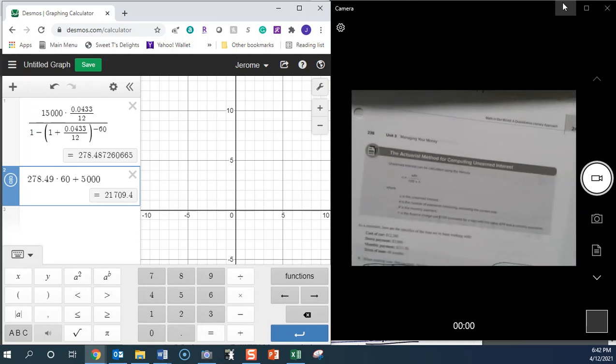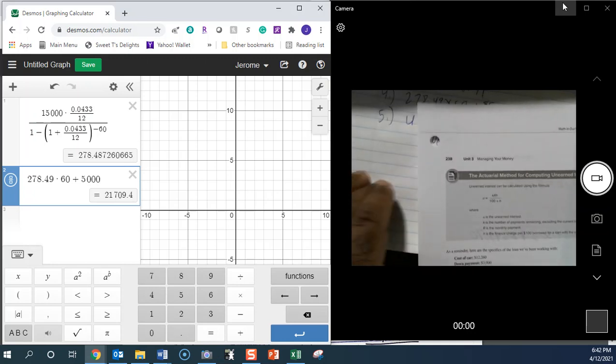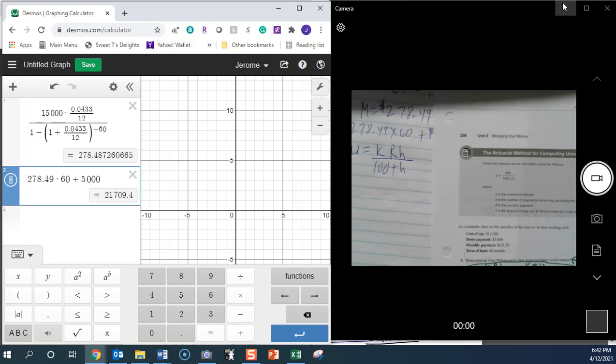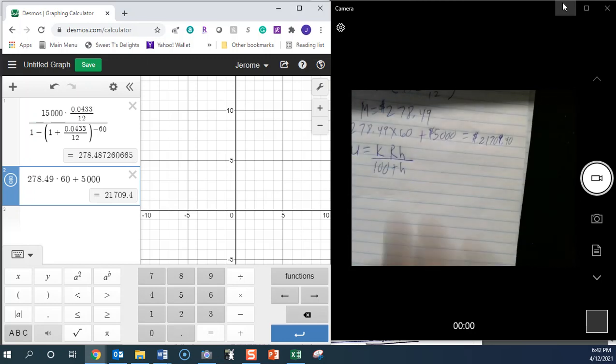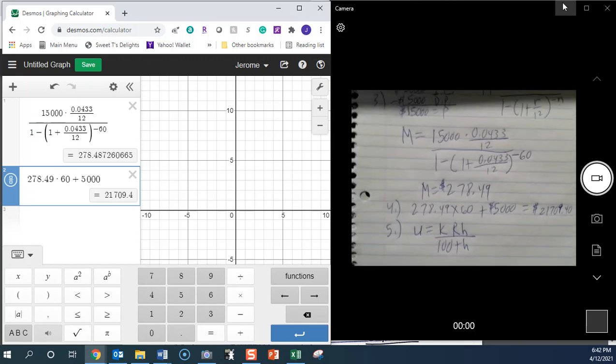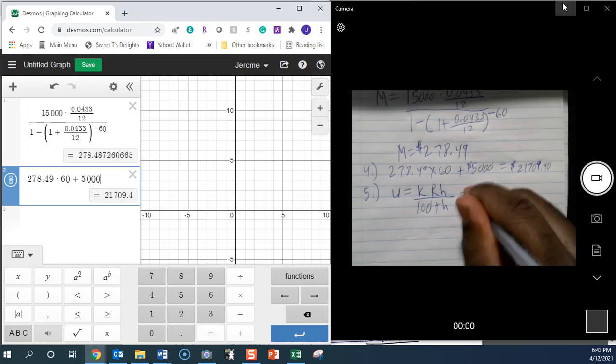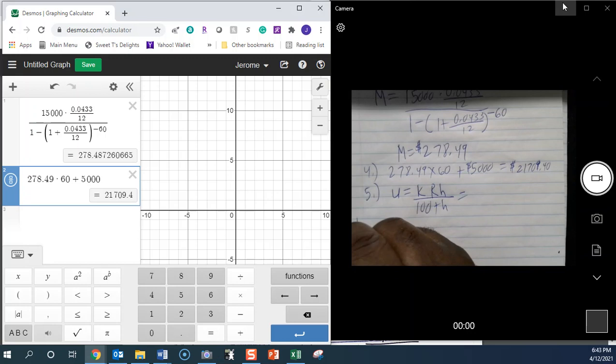It's kind of hard getting all this in the same shot, but you could just go to your textbook on page 238 and see all of the definitions. It says that K is the number of payments remaining. So we know it's 10 payments remaining. So K is equal to 10.